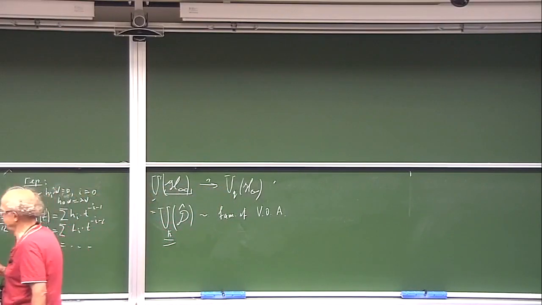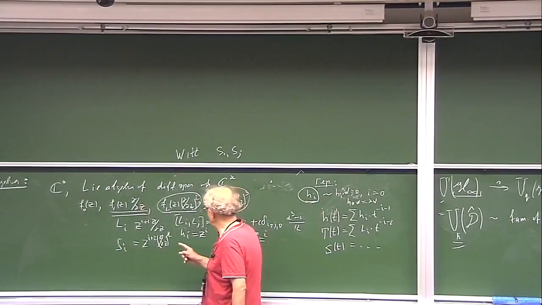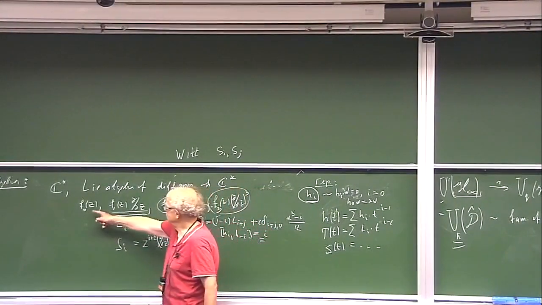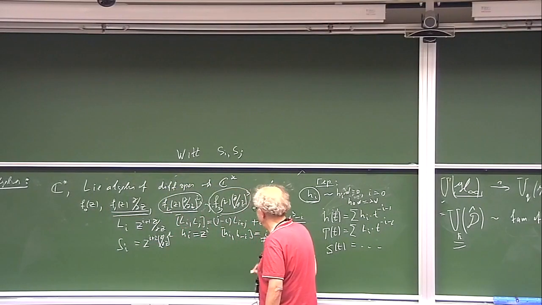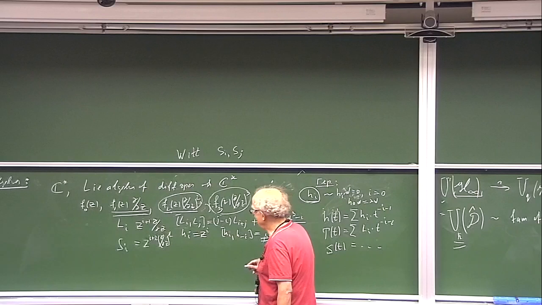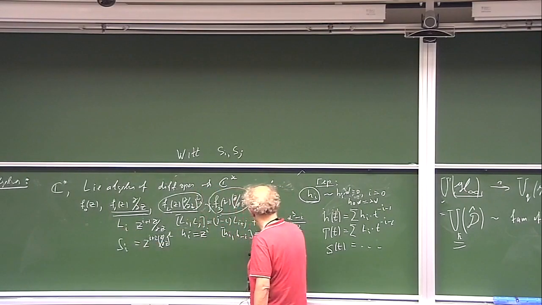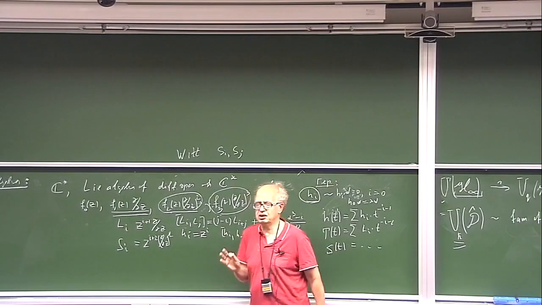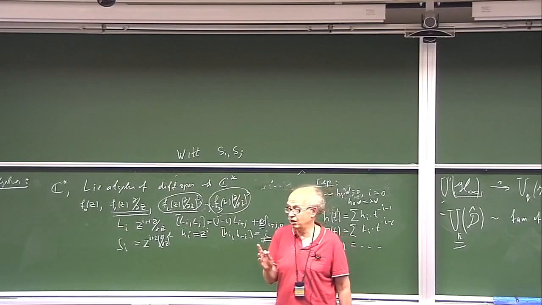But the second parameter: we can normalize generators here, such that here we have just I. But after that, some more parameters appear, because here we have C. And this C is one of the main parameters which characterize our situation.